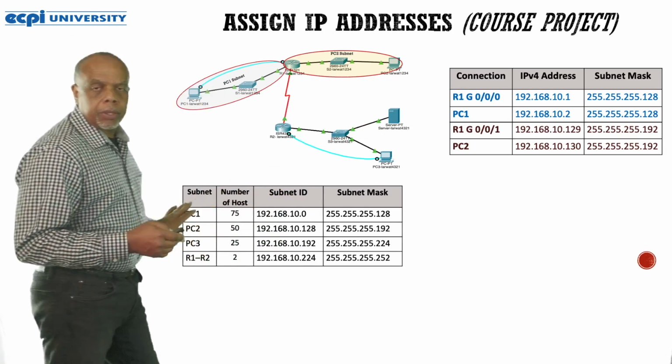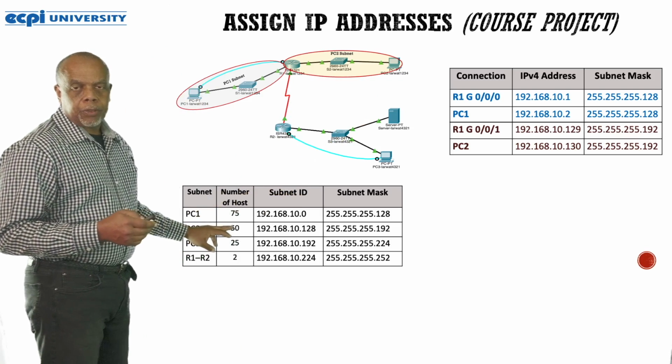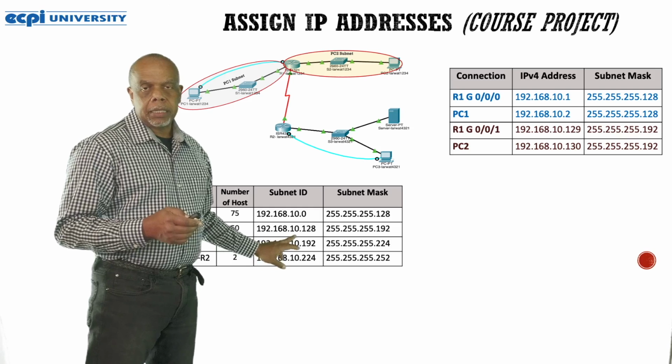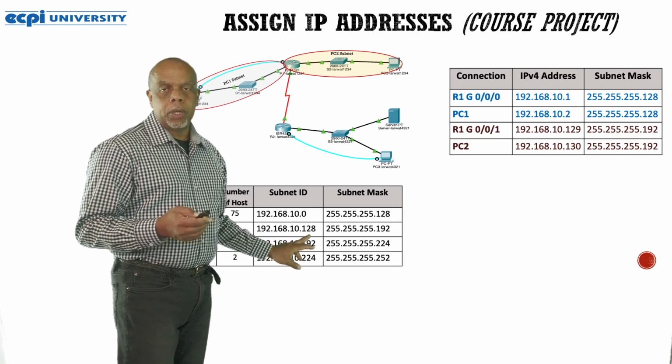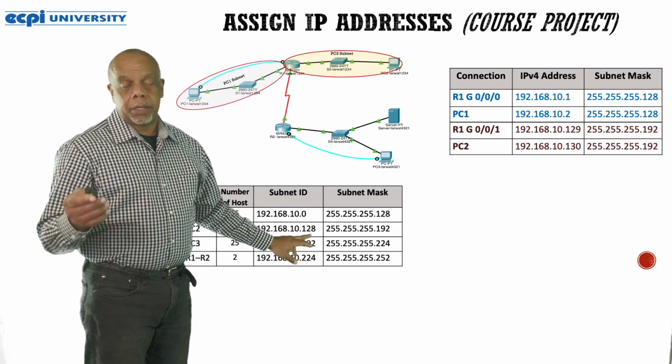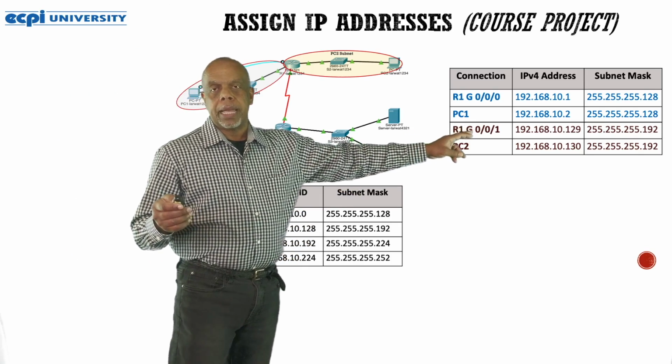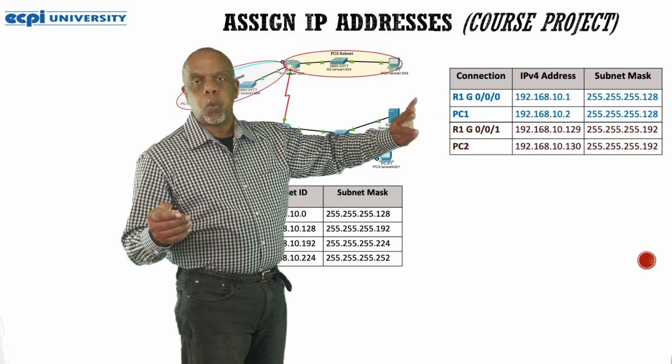If I look at PC2, there's 50 hosts. My subnet ID is 192.168.10.128. Again, I cannot assign that as a usable IP address. So I have to start with the next IP address, which is 129.